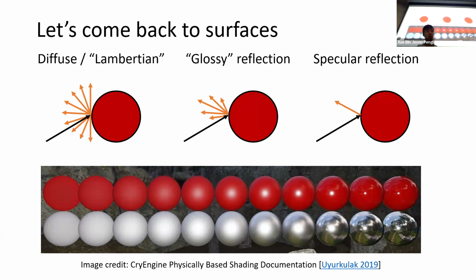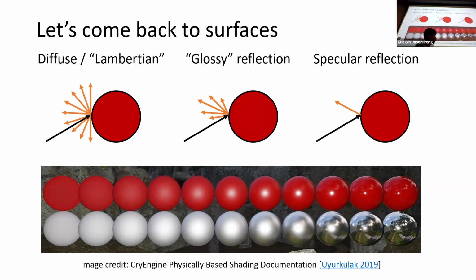Glossy surfaces reflect light in different directions, but most of the light is concentrated in some specific directions. Because the surface has some roughness to it, when light hits it, some of the light is reflected along a very specific direction, like a mirror reflection, but some of the other light is reflected in other directions because of the rough patches on the surface.